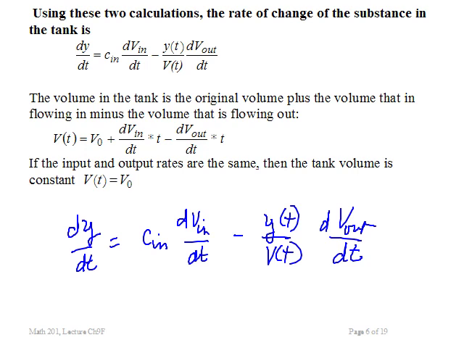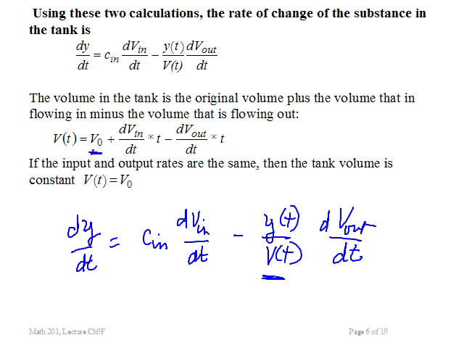Alright, now we've got to say something about the tank. The volume in the tank is problematic right now. The volume in the tank is the original volume that you started with plus the rate that any kind of volume is coming in times T minus how much volume is leaving the tank times T. It would make more sense maybe if you think of it as a liquid, that you could be putting a liquid into the tank and draining it off so that the volume would change.